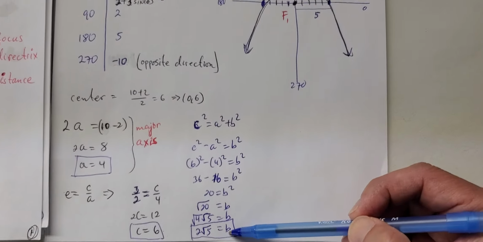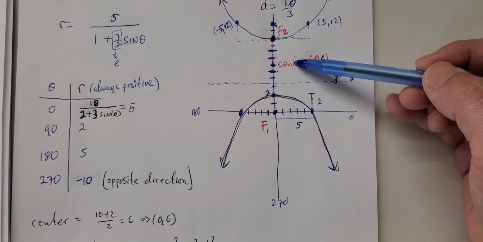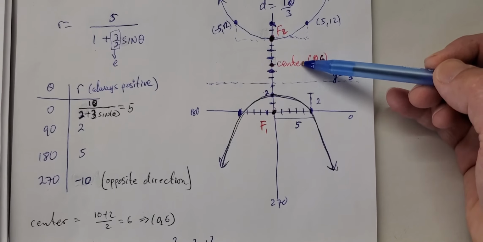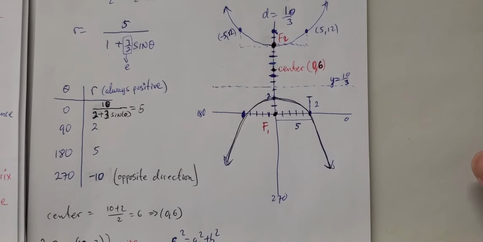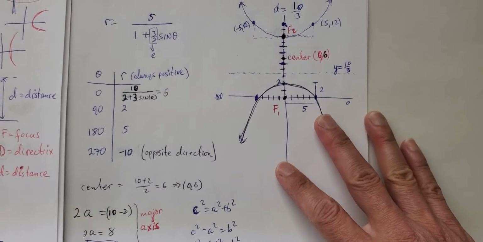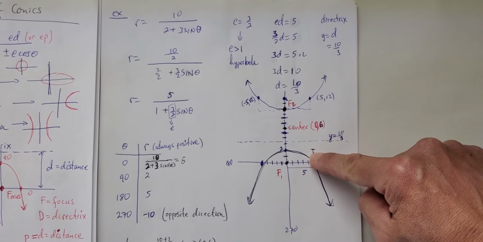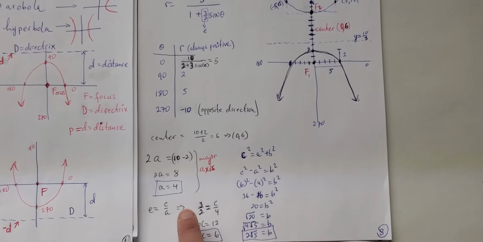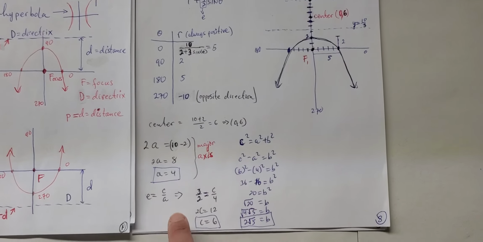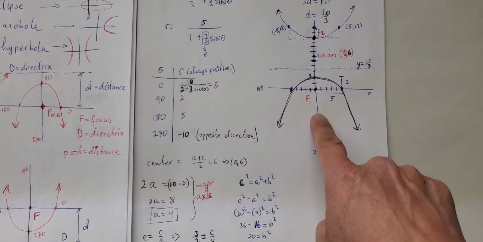Distance of B is from the center, somewhere out here at 2 square root 5. So that is the rough sketch of this equation. That's how to find A, C, and B, and how to use them so that I can graph.